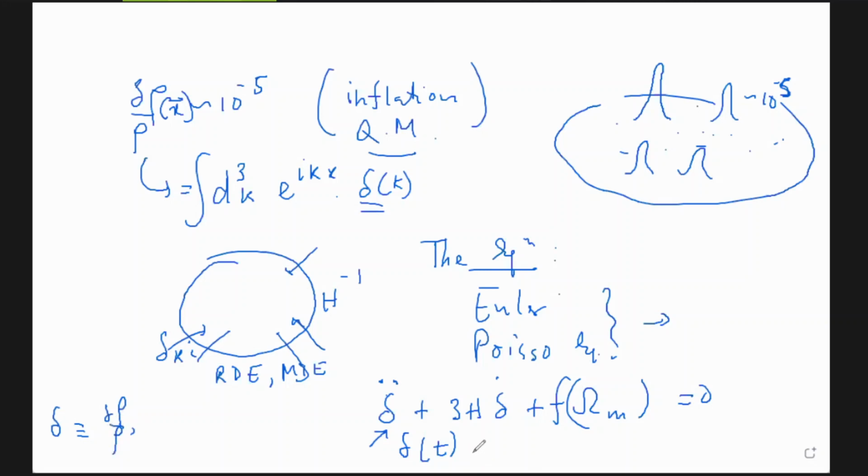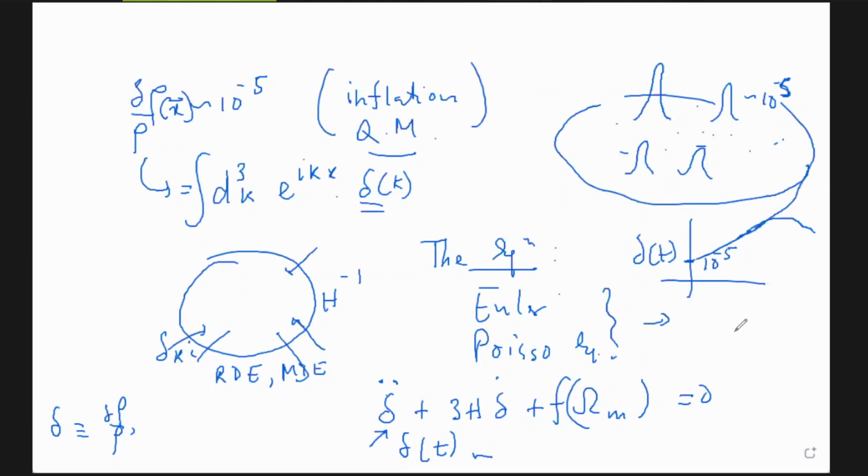So delta t starts with a very small value, 10 to the power minus 5. But then it grows. We'll see that if you ever do the second cosmology course. It may grow like this, depending on the dominant component. But actually it grows.